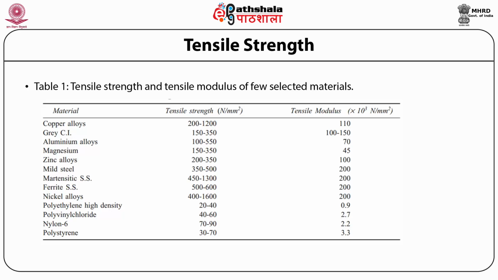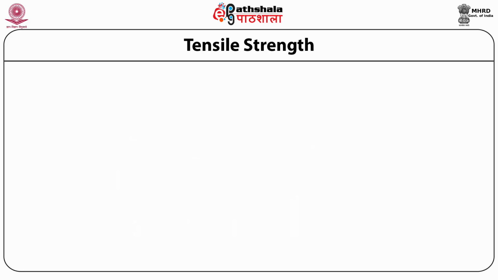The highest tensile modulus is shared by the three materials mild steel, ferritic SS, nickel alloys and martensitic SS. The lowest value of tensile modulus is for the material polyethylene high density.